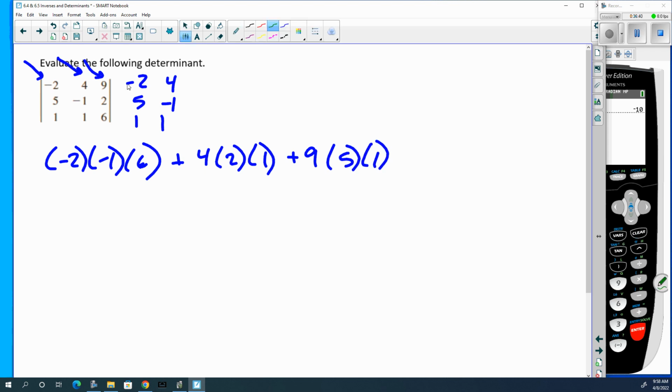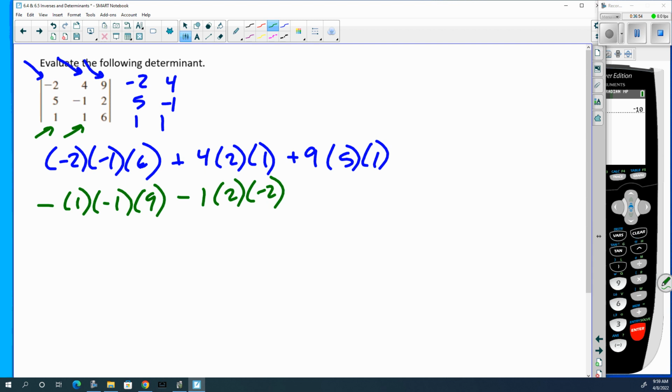And then when you start multiplying the other way, you just start putting minuses in between. So 1 times -1 times 9 minus 1 times 2 times -2 minus 6 times 5 times 4.